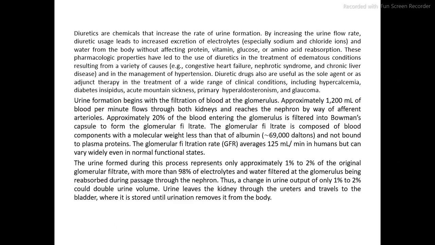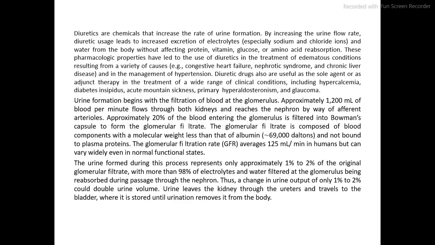Whatever filtrate is formed from the glomerulus is called the glomerular filtrate. So how much glomerular filtrate is formed? That is 20% of the 1200 ml blood. The glomerular filtrate is composed of blood components with molecular weight less than albumin.